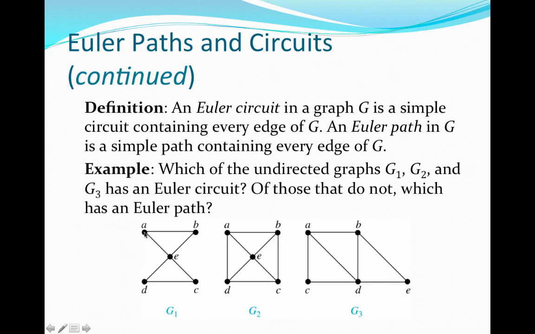For example, in this first graph, we can draw this graph without lifting our pen off the paper and without crossing an edge more than once. So this is a graph that has an Euler circuit, and we could denote it by A, B, E, C, D, E, A. Of course, there are a number of other ways. We could start at any vertex and get an Euler circuit from that vertex, following the same kind of pattern.